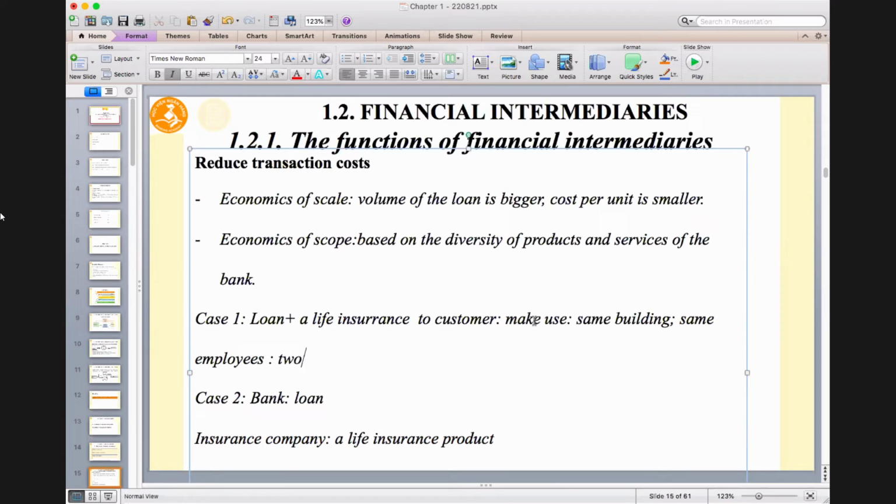But in the second case, the bank has to bear the cost of building and the cost of employees. And the insurance company, when they provide this kind of product to the customer, has the cost of building too, and the cost of employees too.